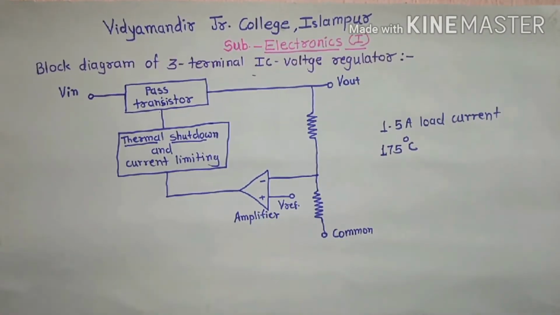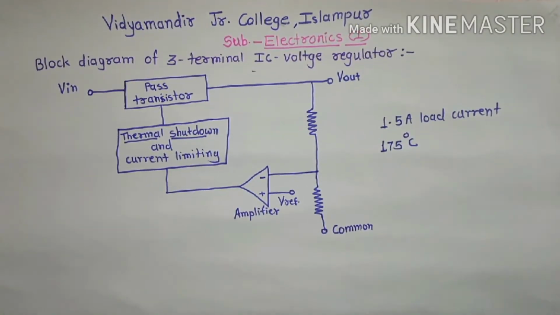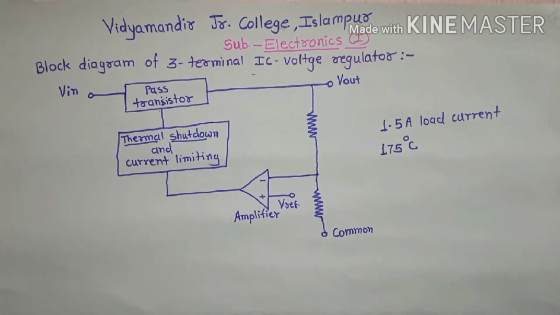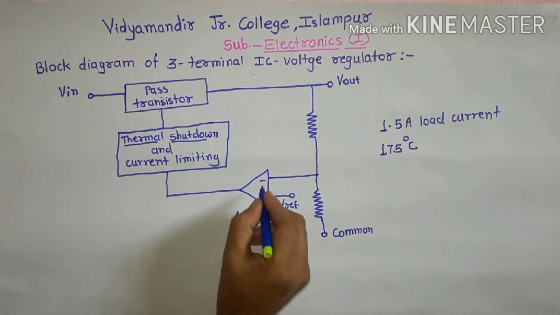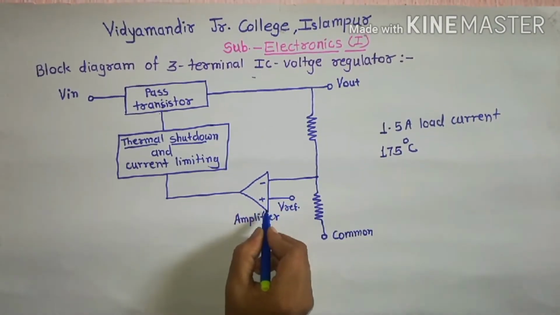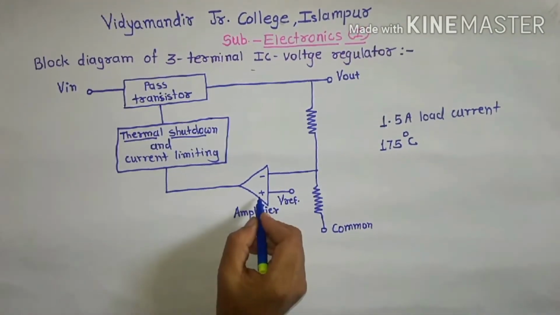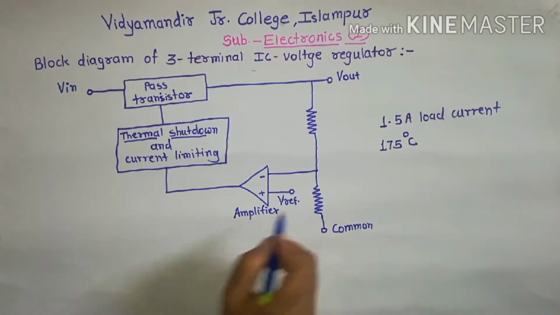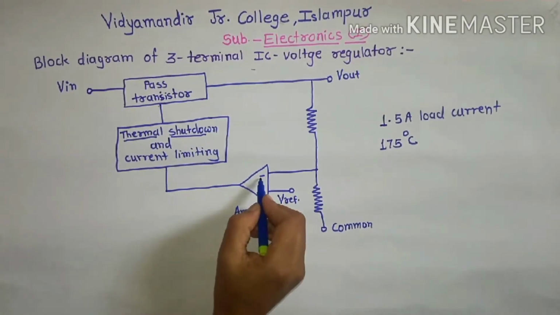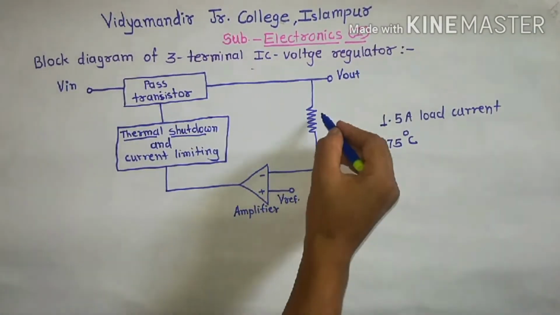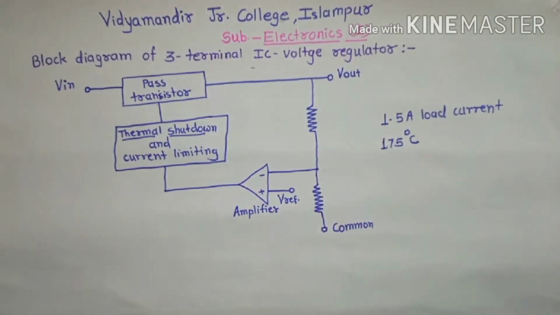Then the third block is the operational amplifier. In the operational amplifier there are 2 terminals. One is the inverting terminal and the second is the non-inverting terminal. The non-inverting terminal has the reference voltage and the inverting terminal is given by the internal voltage divider.